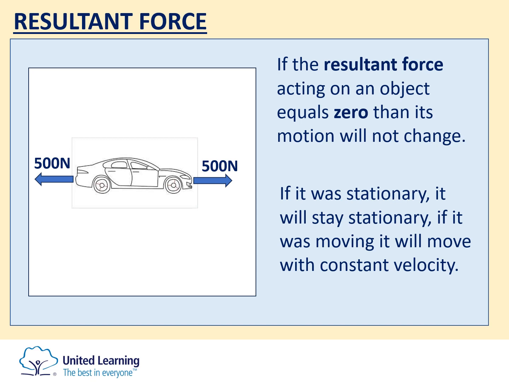If it was moving, it will keep moving with a constant velocity. That means at the same speed and in a straight line. It's important that you use the words constant velocity to describe this arrangement, as it is much quicker and easier to write than constant speed in a straight line.